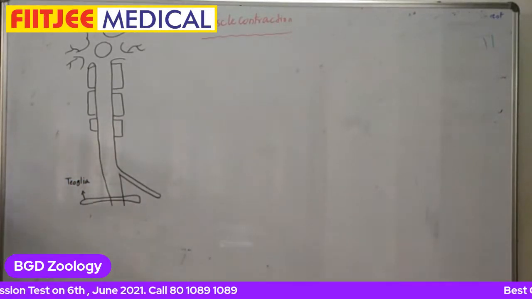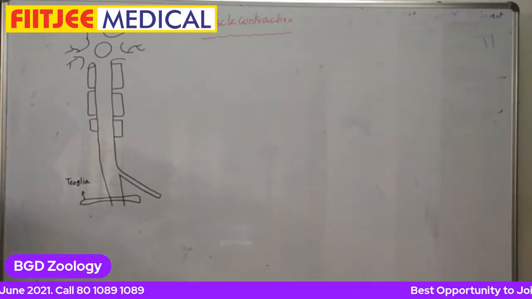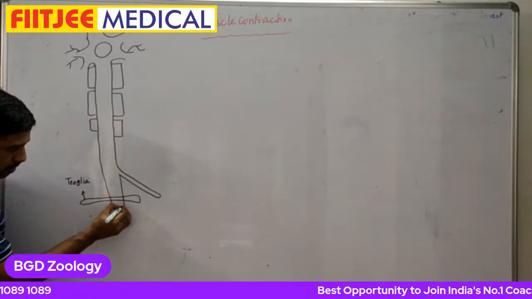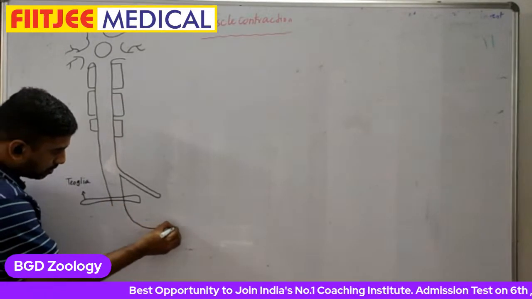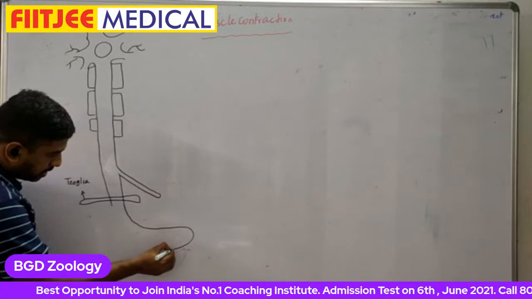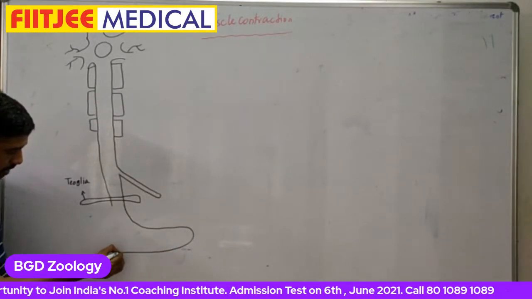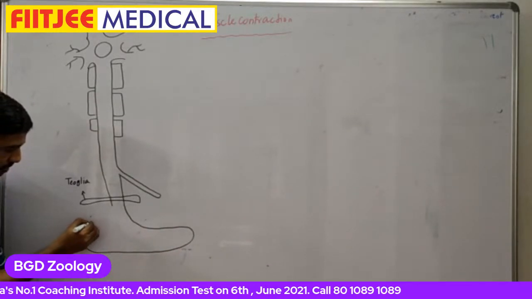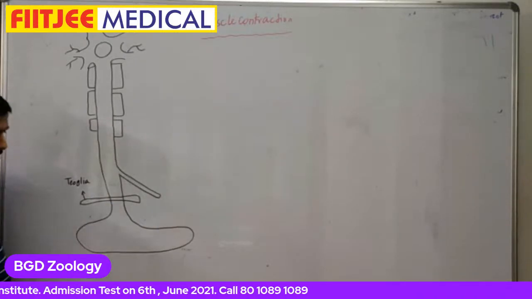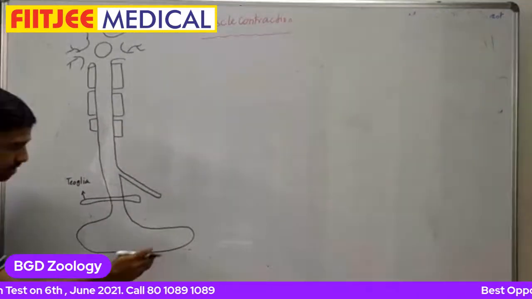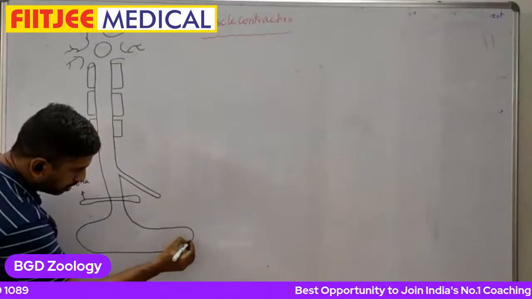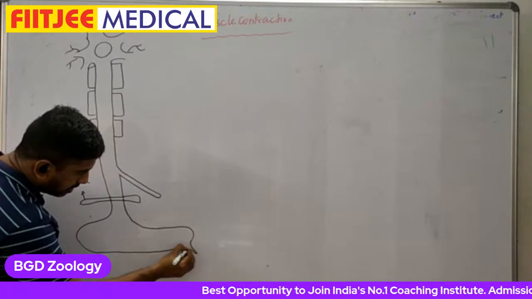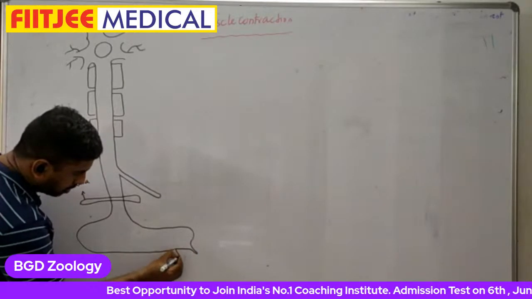Now, after that, what will happen? Listen. In the end part of this axon, you can see vesicles. These are called synaptic vesicles. Listen everyone, the synaptic vesicles are not a very straight structure.